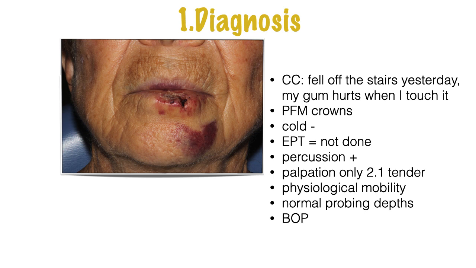And although we can do cold tests in teeth that have PFM crowns, most of the time these teeth may have receded pulp chambers, and it may be a little more complicated to perform these tests or have reliable results. She was also complaining that when she touched her gums, it hurt, but she had just suffered trauma. EPT could not be done because she had the PFMs, and teeth were all sensitive to percussion.